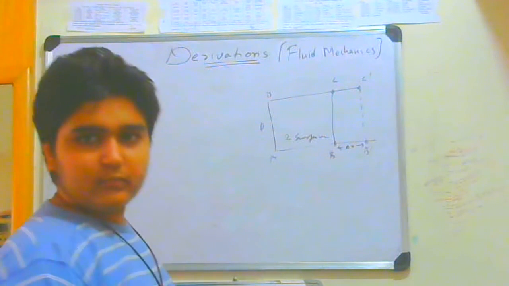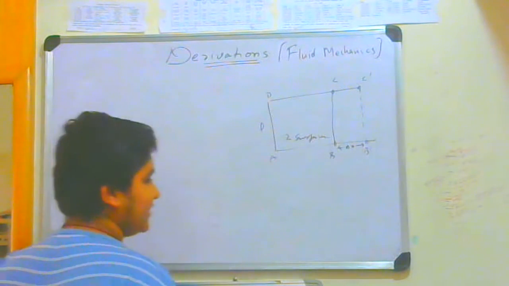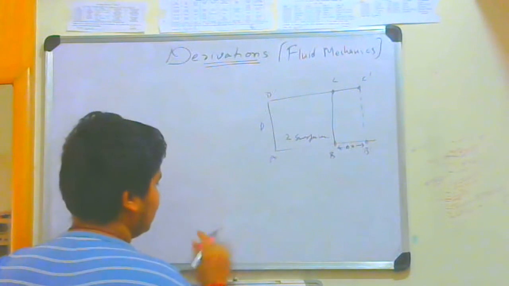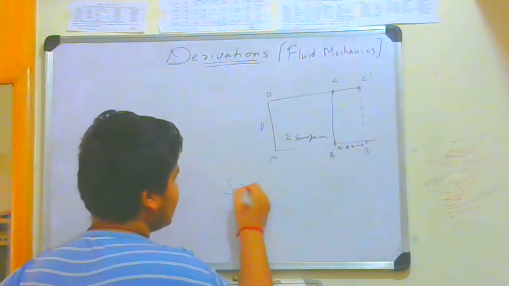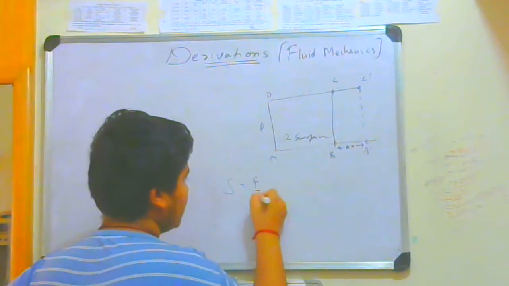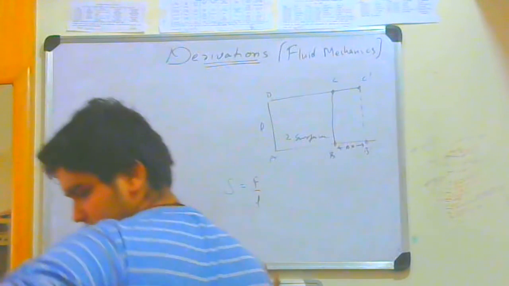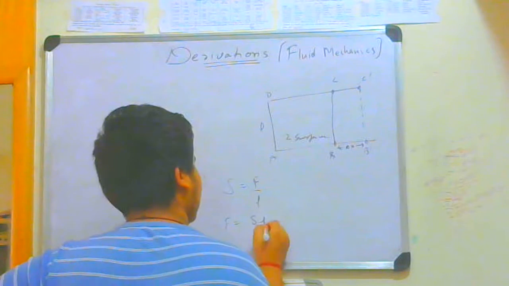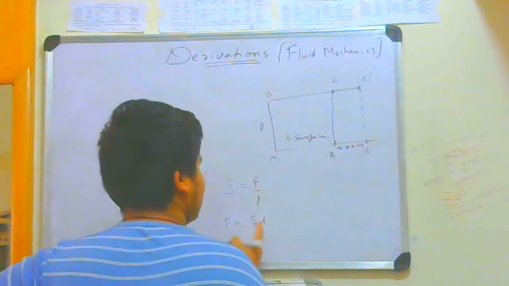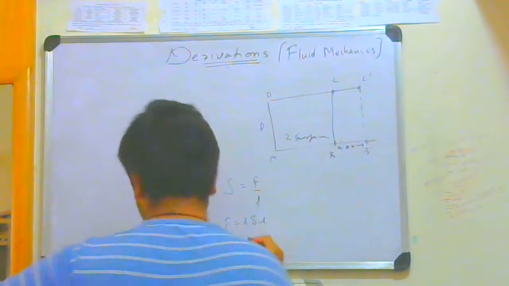So now tell me what is surface energy? Surface energy is equal to work done, whereas surface tension is equal to force upon L. So from here force is equal to SL. Okay. Since there are two surfaces, it will be 2SL.